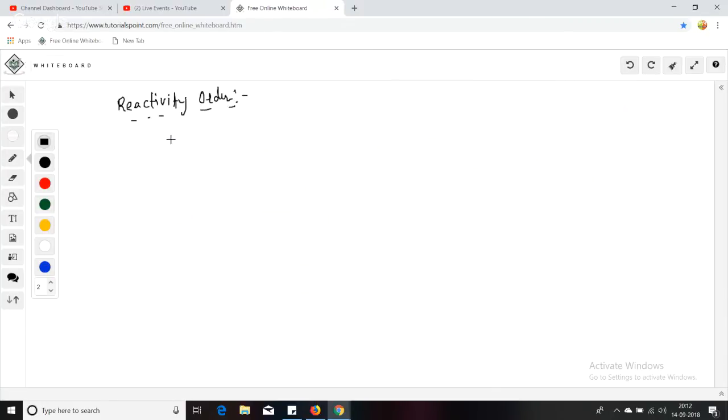If you write down first, reactivity order. The most reactive compound we have is RCHO. Then if you compare aldehyde and ketone, obviously aldehydes are more reactive than ketones, and in aldehyde also we know aliphatic aldehydes are more reactive than aromatic aldehydes.